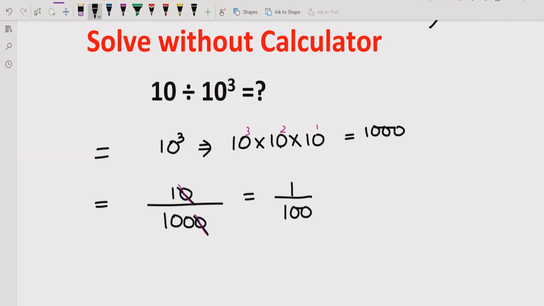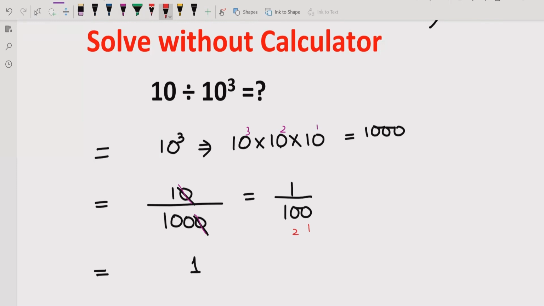It's very easy. Here in the denominator we have two zeros. First we write 1, and then you count how many zeros there are: 1 and 2, so we have two zeros here.